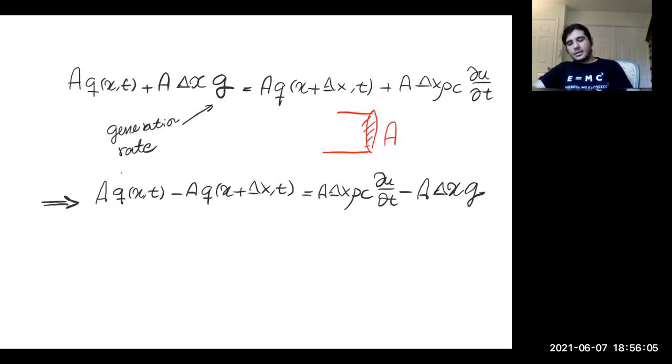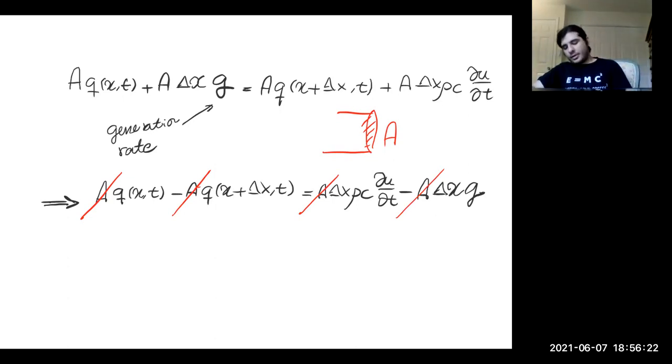And you can divide the equation by A. So A would disappear. It seems A affects everything, but at the end it doesn't affect anything. It cancels out.